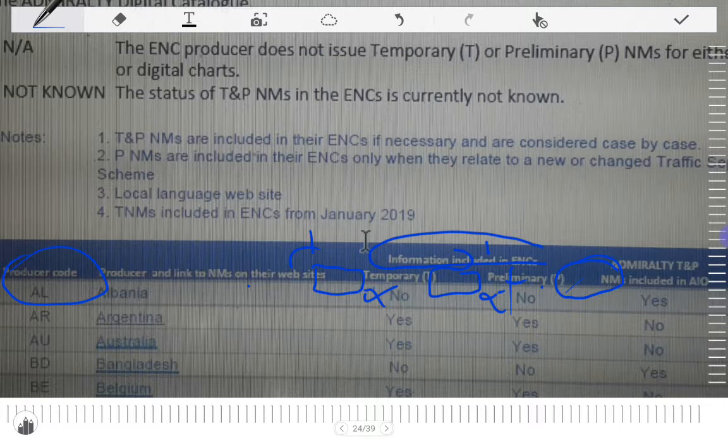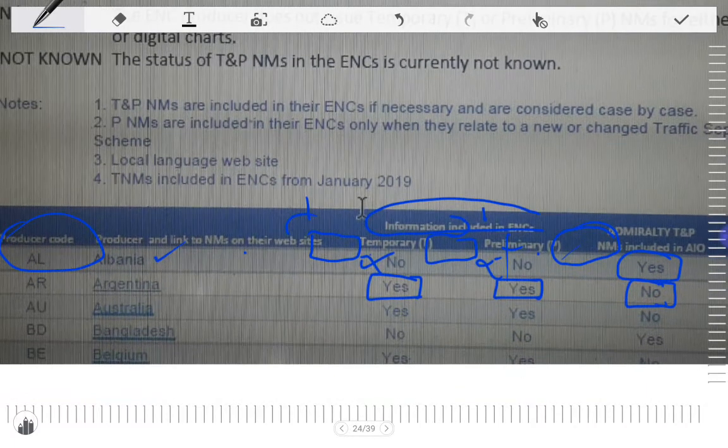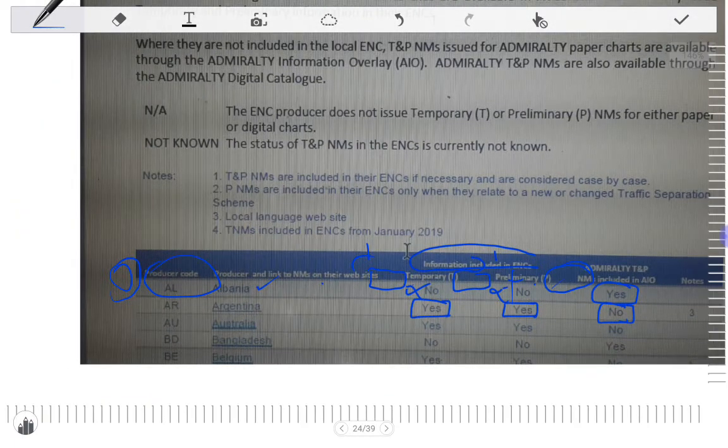So if we need the TNP notices for ENCs produced by this country, then we have to go to the AIO information. Similarly, Argentina includes the TNP in the ENC during production, so we don't need to check the AIO for that region.